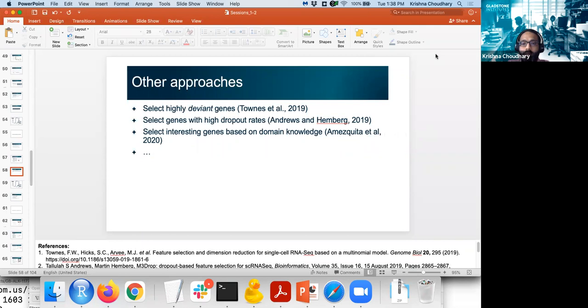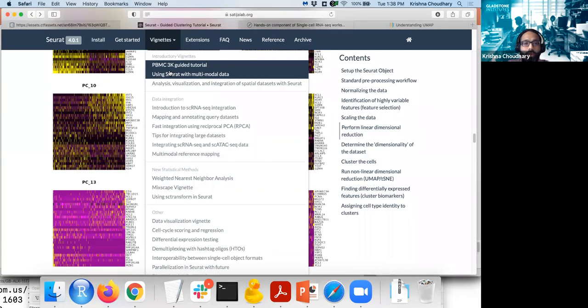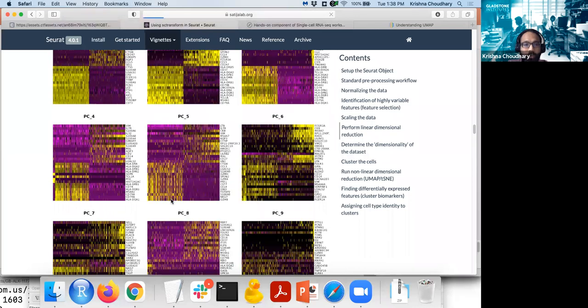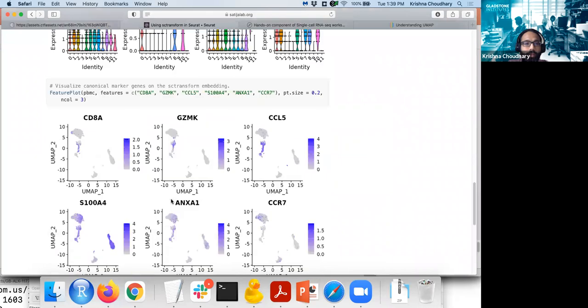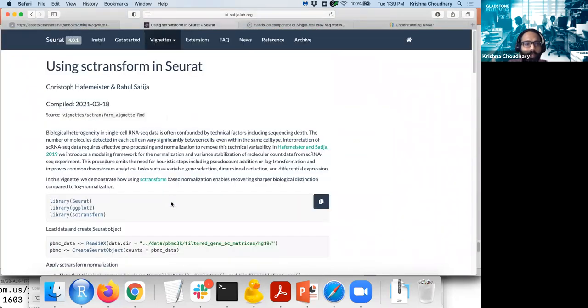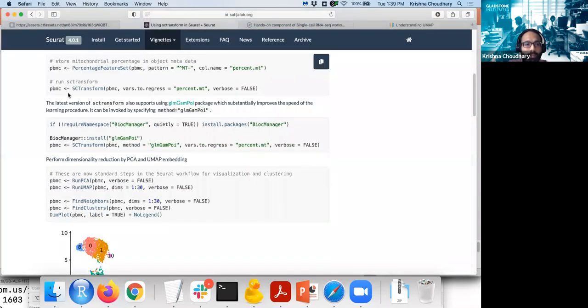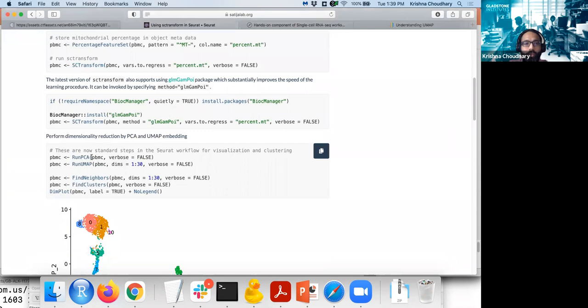The SCTransform step itself selects the features of interest. And after that, you can straight jump on to dimensionality reduction. So feature selection is happening within this function itself. There is one function which is doing both.